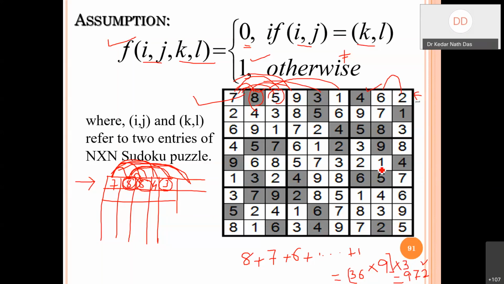That is my focus. So every time I may not have all different everywhere. So there might be some repetition. There will be 0 contribution to the function. That's why we are expecting everywhere a value which is less than 972.